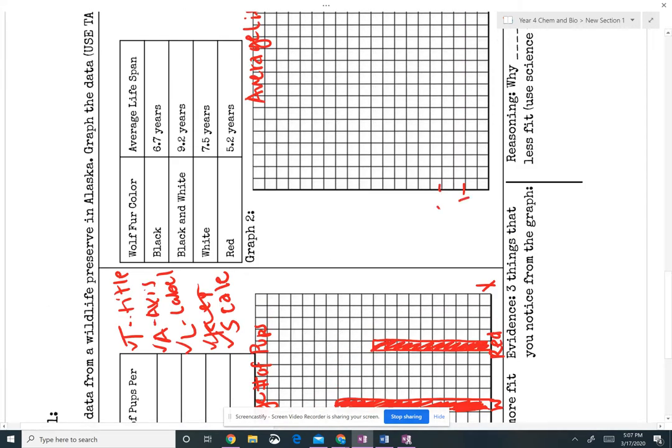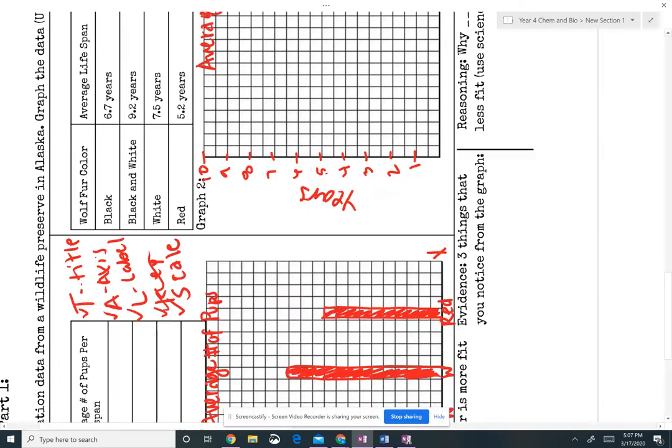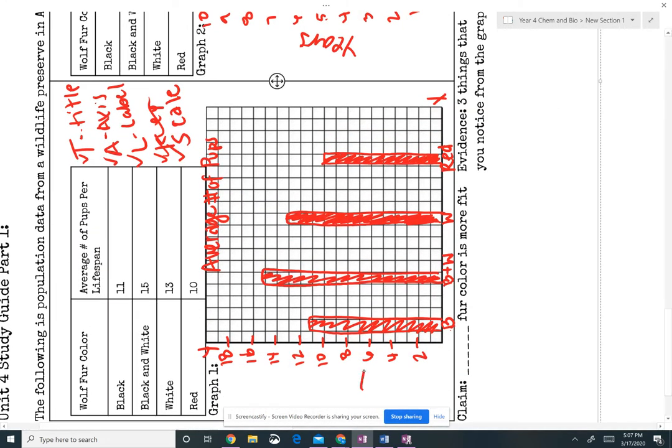So 1, 2, 3, 4, 5, 6, 7, 8, 9, and 10. So this will be years, right? Oh, I forgot on this one. This is pups.